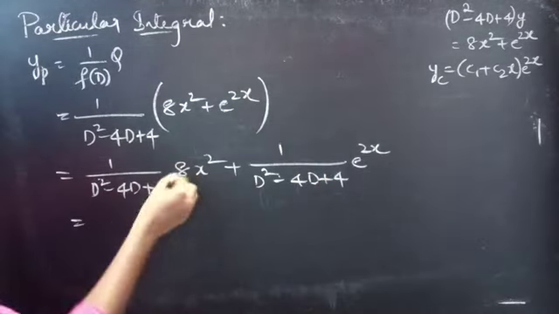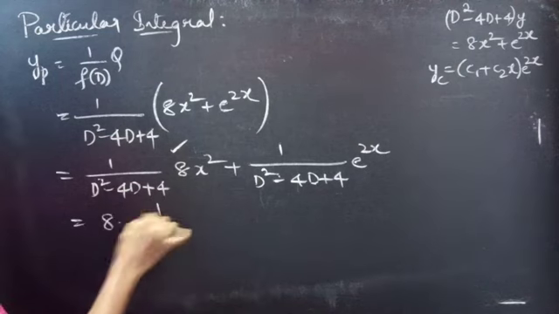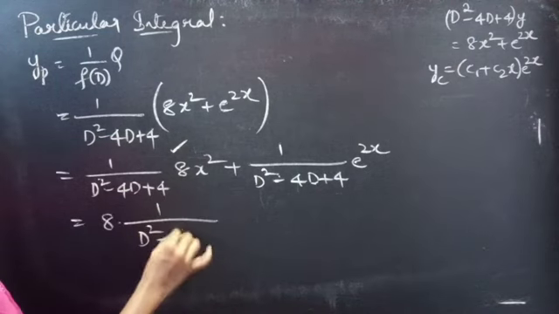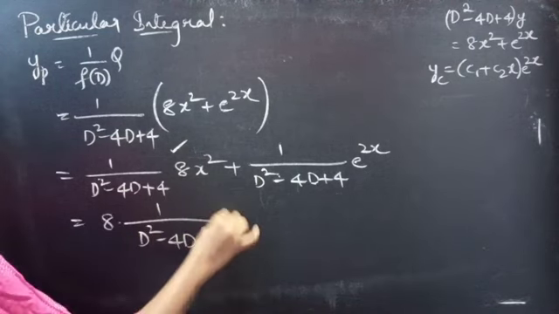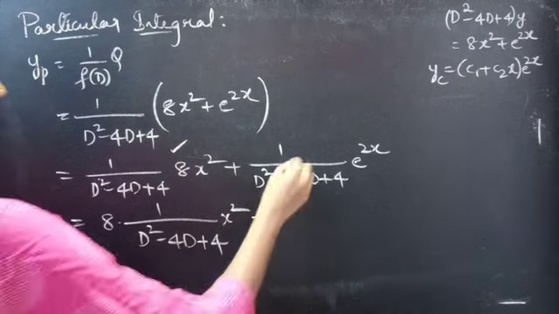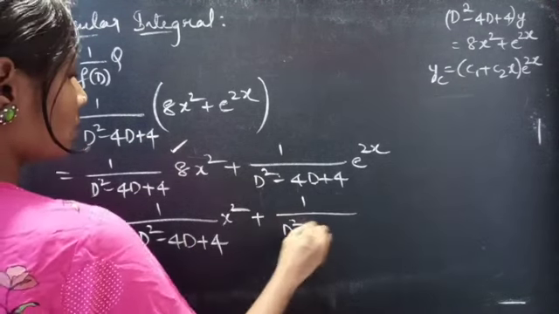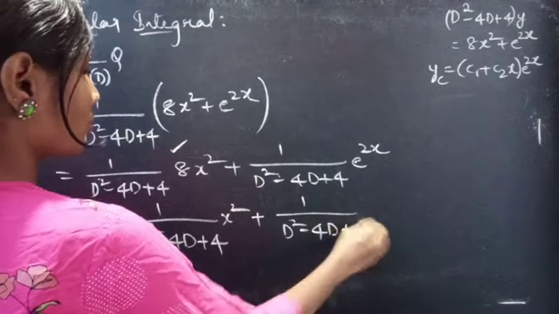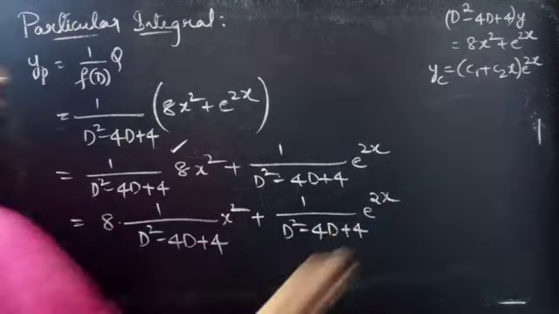Again, we can write the first term as 8 into 1 by F of D into x square, plus the second term remains the same, 1 by (D square minus 4D plus 4) into e power 2x.